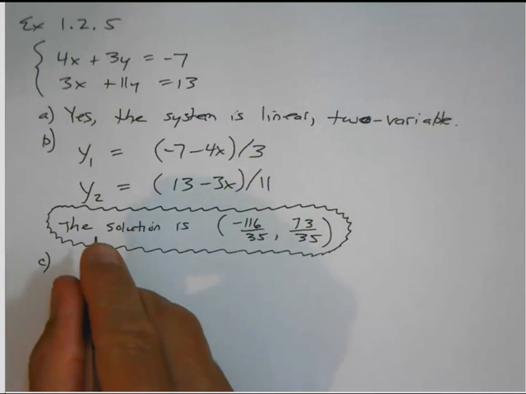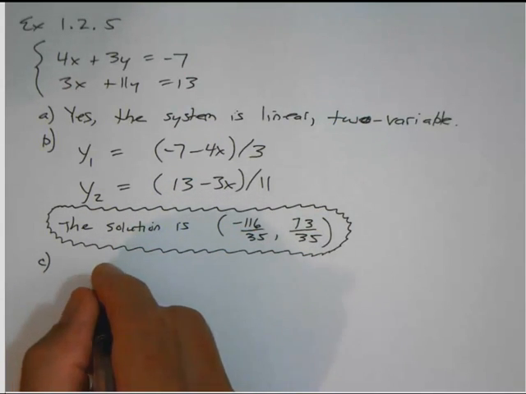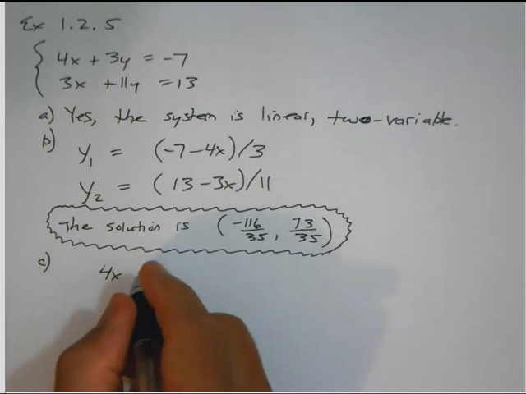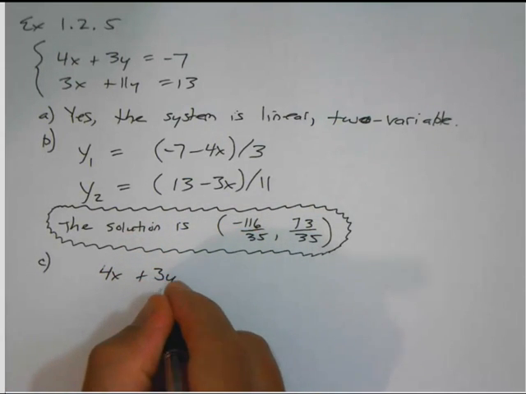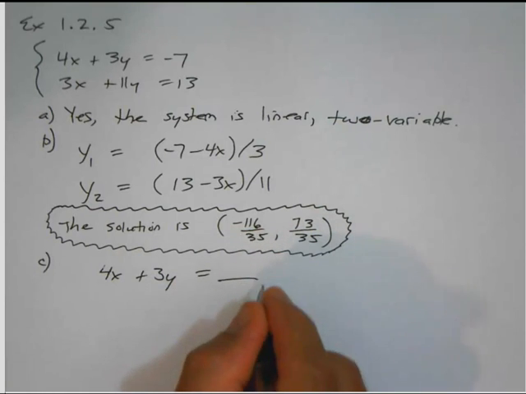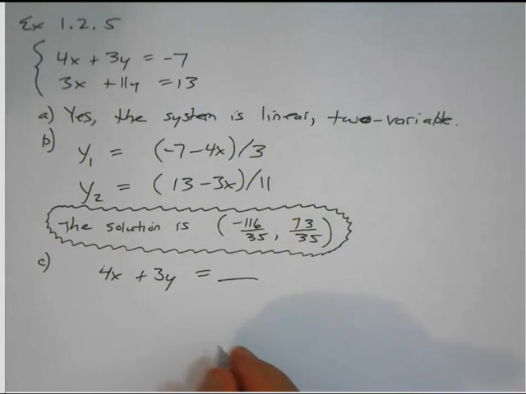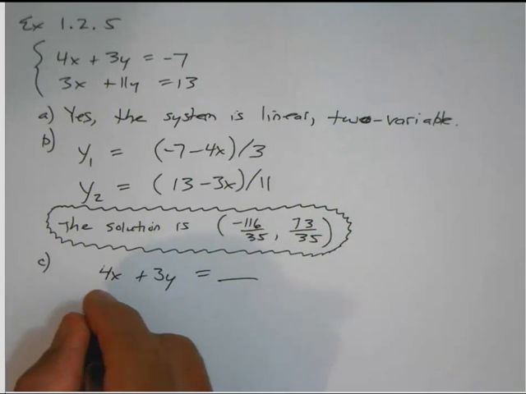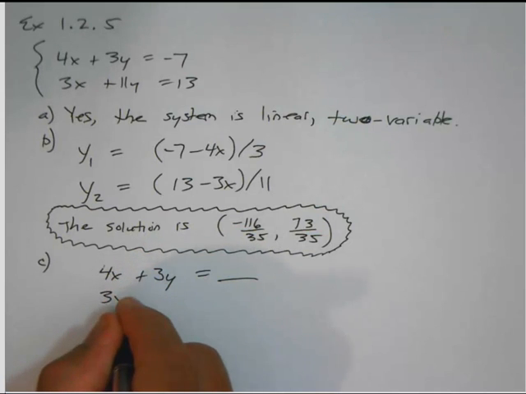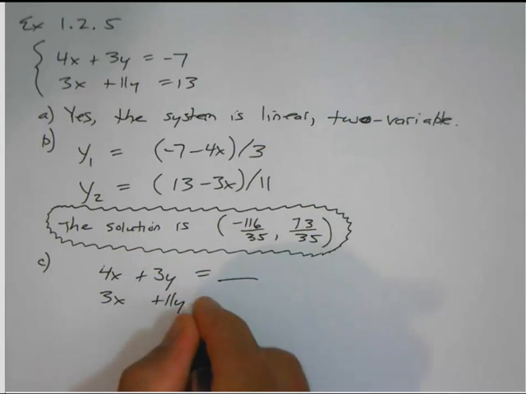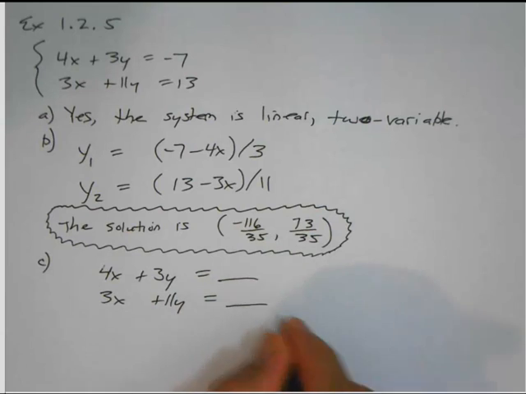So, for the first equation, its left-hand side is 4x plus 3y. We'll see what that turns out on the calculator. The second equation, its left-hand side is 3x plus 11y. Let's see how that turns out on the calculator.